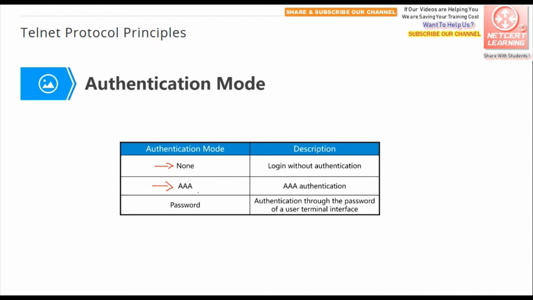AAA means you must log in using the username and the password. The username and the password must be created on the network device or through RADIUS and other protocols. This is AAA. And then the password method. That means when you log in, you need to type in the password.